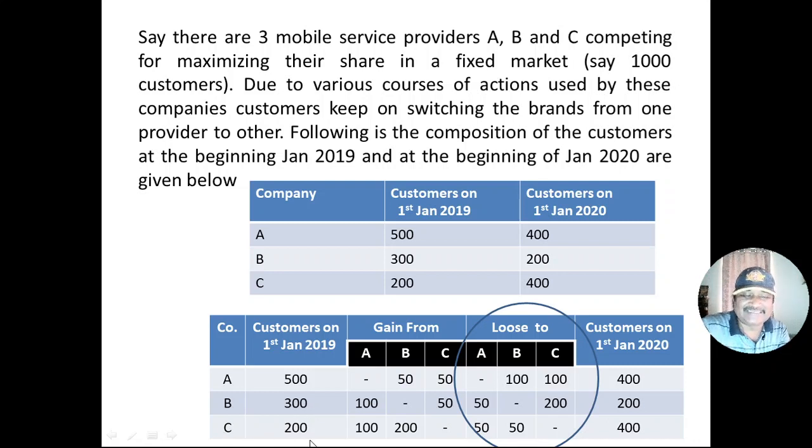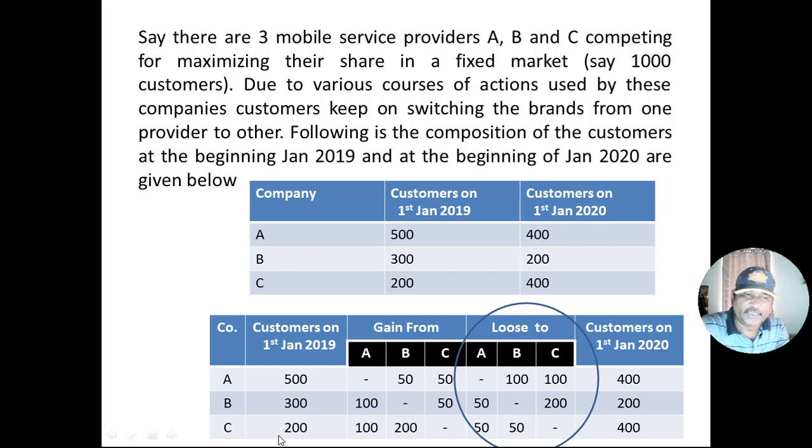As far as C is concerned, there were initially 200 customers and 100 it has gained from A and 200 it had gained from B, whereas in the same period 50 it has lost to A and 50 it has lost to B, right? So if I count the total gain to company C, it is 300 and the loss is 50 plus 50, 100. Okay, so net gain is 300 minus 100, which means 200.